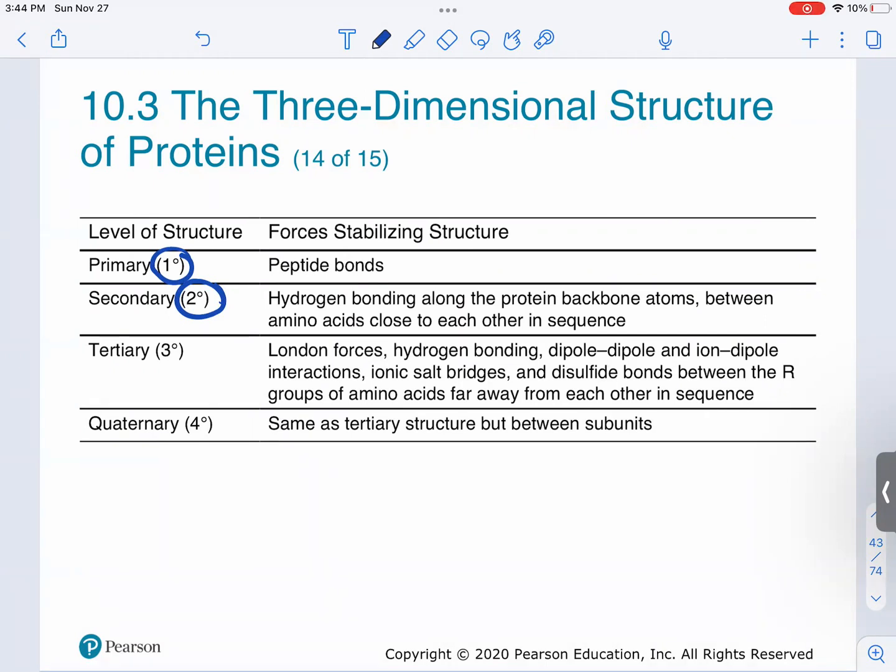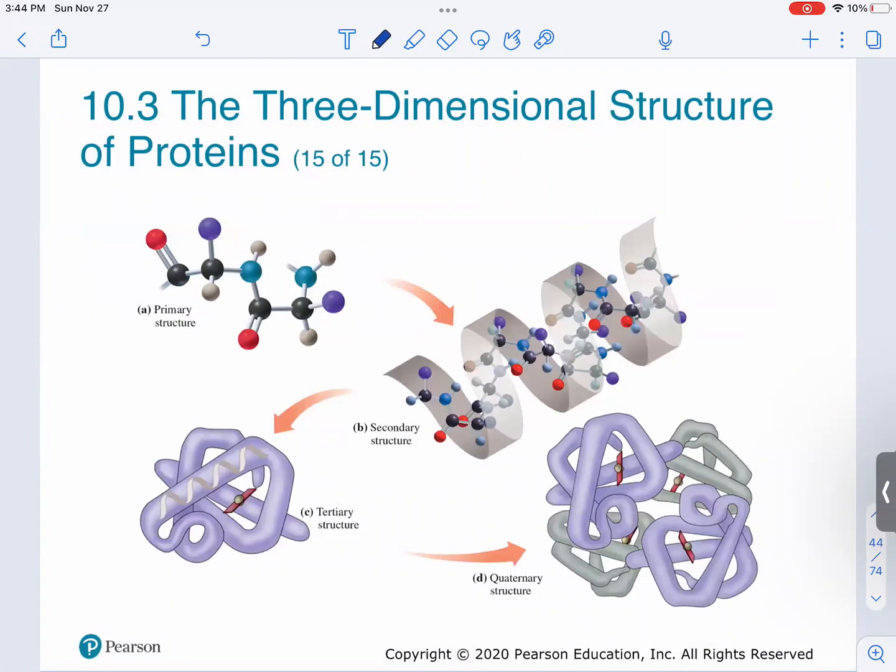And your quaternary structure is going to be a lot like tertiary, except you're going to have these big subunits put together. Okay, and so just a picture of this here, and you see this big globular quaternary structure here, right? Remember, this is your alpha helix secondary structure, so on and so forth. So you can kind of see the differences in primary, secondary, tertiary, and quaternary.